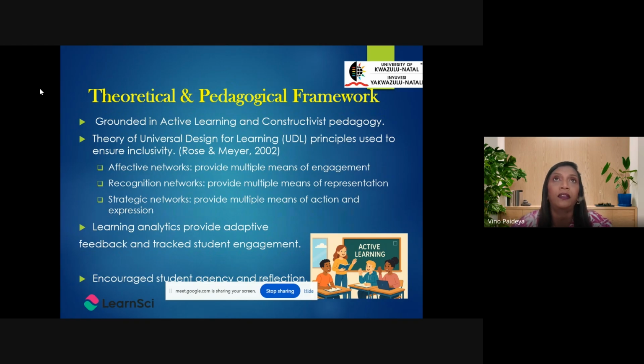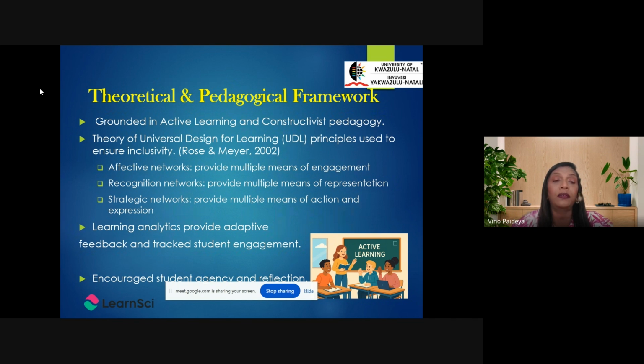So they are visuals, and depending on the types of learner, the way learners engage, there are visual learners and learners who learn in different ways. Then strategic networks provide multiple means of action and expression.